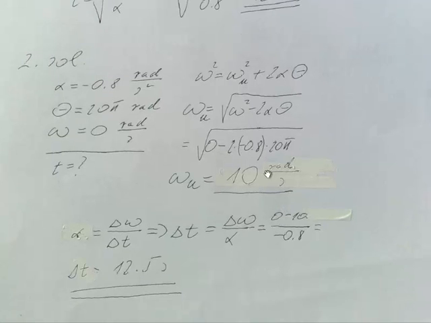And after this we can use this formula: change in time is equal to change in omega over alpha. Final angular speed minus initial angular speed over angular deceleration, and we get the same solution as before.